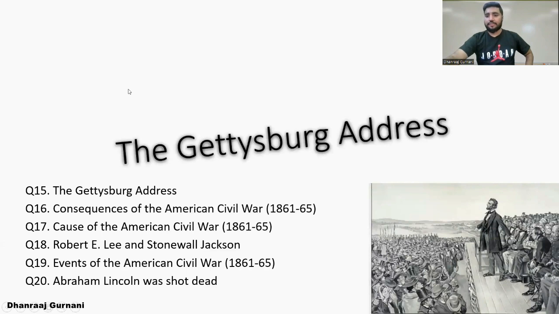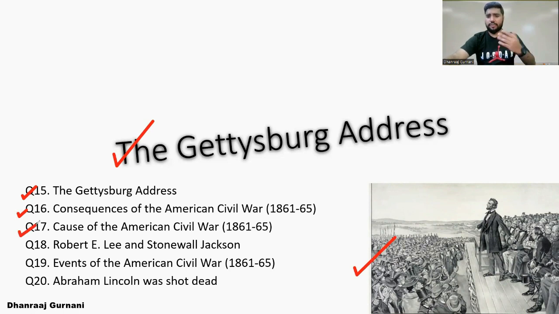Moving to the last part of the chapter, the third part, the Gettysburg Address. This again has 6 answers. Question 15 to question 20, the Gettysburg Address. Question 16, the consequences of the American Civil War.